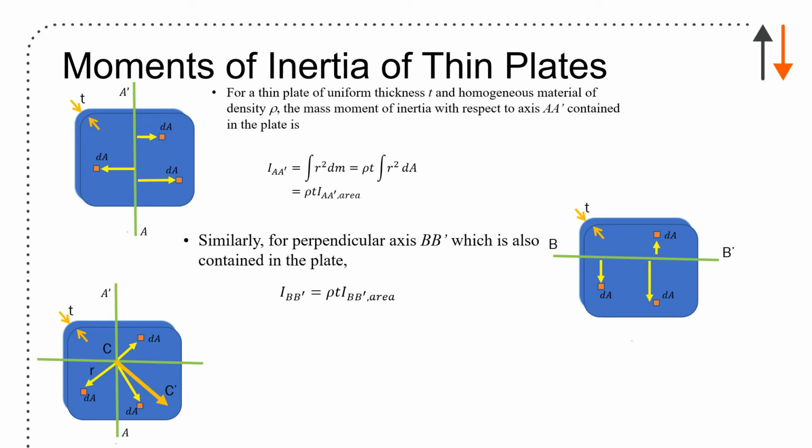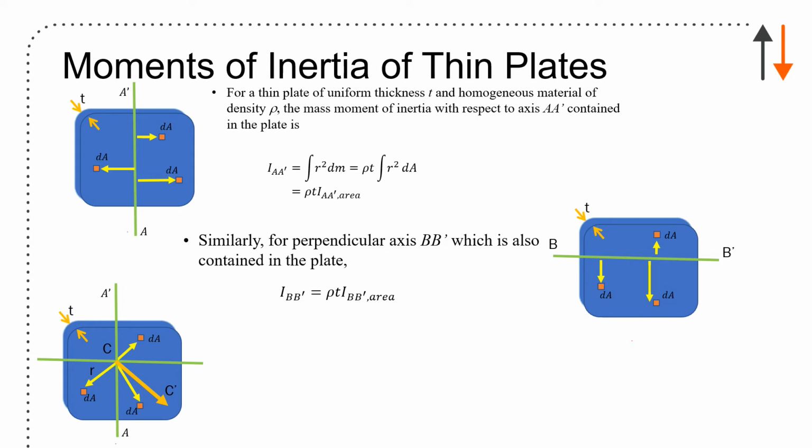When you have thin plates, which is a common case here, we can have a number of different axes that we look at. And in that case, for a thin plate of uniform thickness t and homogeneous material density rho, the mass moment of inertia with respect to that axis, here defined as AA prime, is going to be r squared dm.